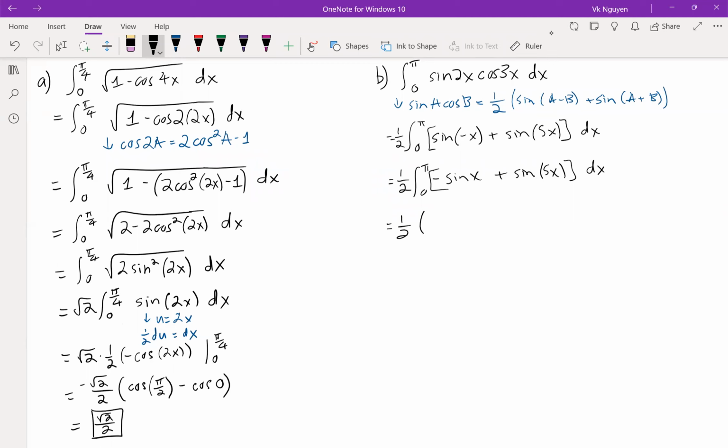Antiderivative of sine x is negative cosine x, so we have a minus cosine x, minus, and then here comes the u sub. u equals 5x, 1 over 5 du is dx. So this gives us the negative 1 over 5 cosine 5x. Evaluate from 0 to pi.